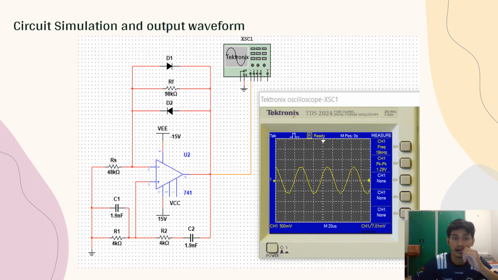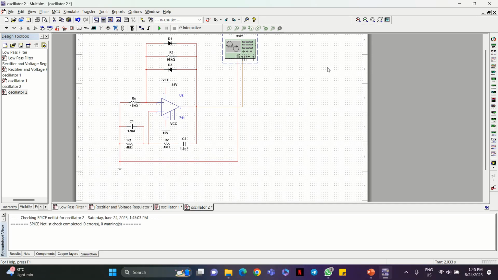So this is the circuit simulation and output waveform. So we use the diode for non-distortion. This is the simulation for oscillator 2. So I will run the simulation.